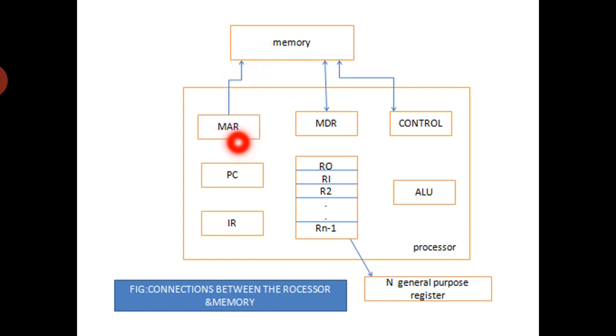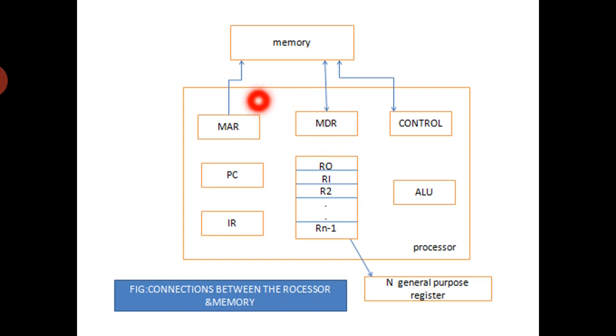The MAR, the memory address register, stores the address of the location to be accessed. When the address is sent to the memory, the operand is fetched during the read cycle and read from the memory into the MDR register.